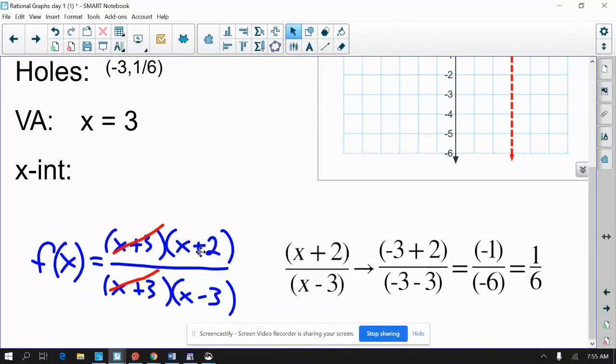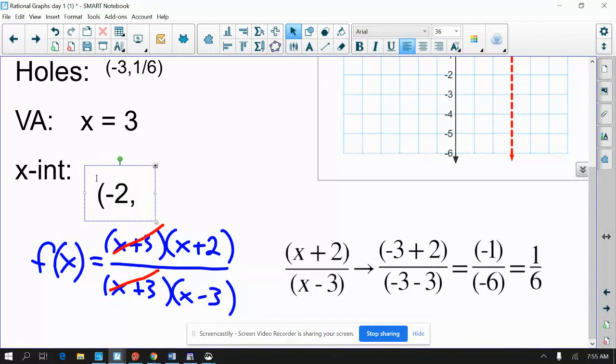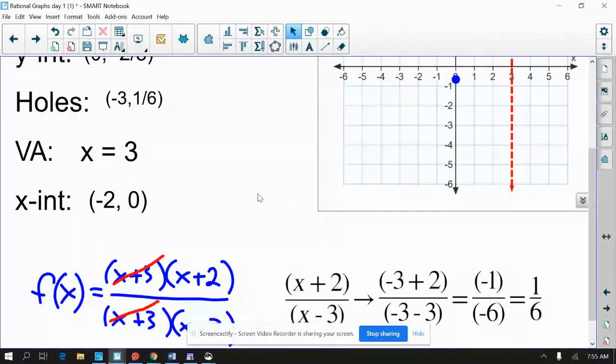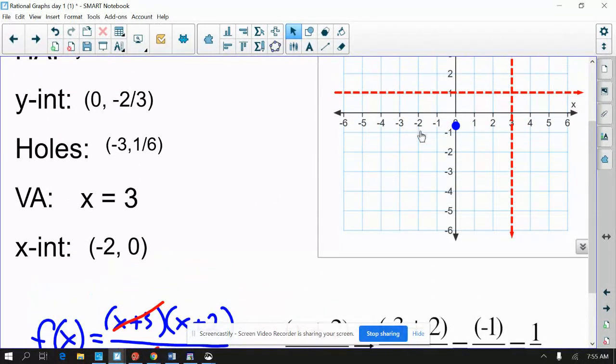X equals negative 2 is the x-intercept. And if you're thinking, oh, now he's going to plug in negative 2 to see what it equals. No, because I'm talking about x-intercepts. If negative 2 is an x-intercept, then the result is 0 for sure. Negative 2, 0 is an ordered pair, which I get to plot, and that's right there.